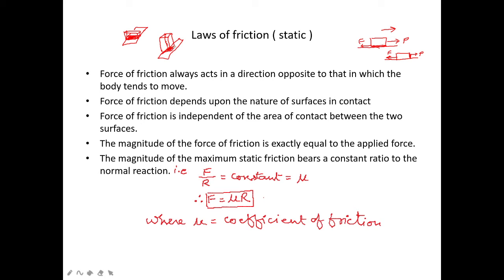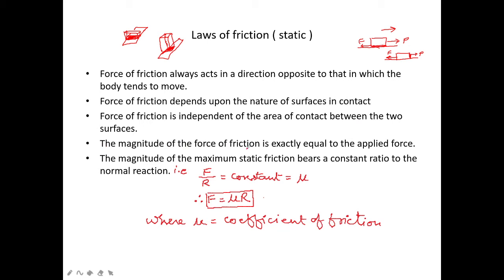Now this is the area of contact with the floor. Here the area is more, here the area is less. But the friction acting on the body is the same in both cases, because the nature of the material of the body and the floor are the same. There is no change in the nature of material. So the force of friction is independent of the area of contact between the two surfaces.